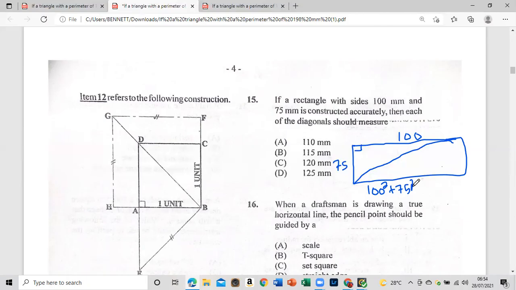Sorry guys, 15,625. So the answer is 125. Let me just check. So that was a maths question. So you know, Mr. Bennett get excited, and the answer is D. So you're going to use Pythagoras' theorem and do that.